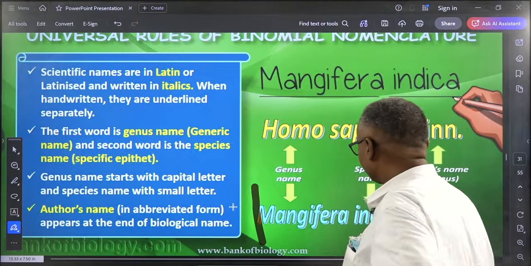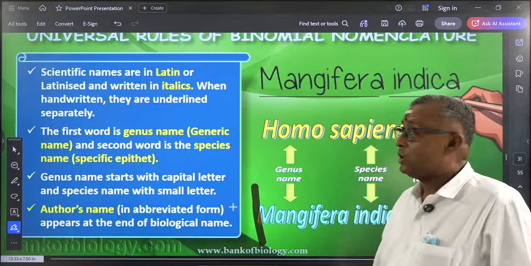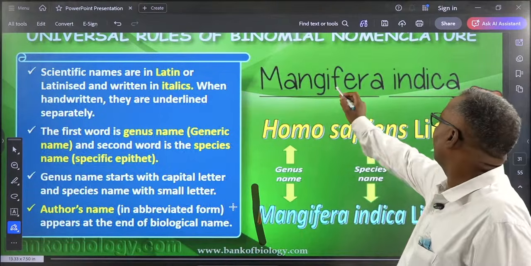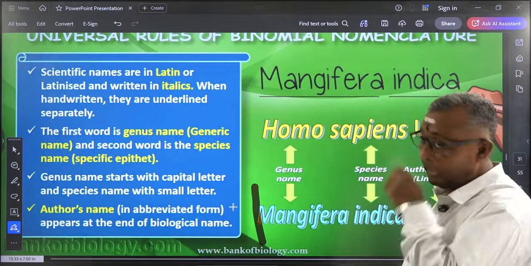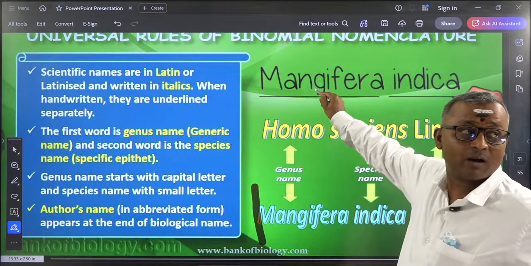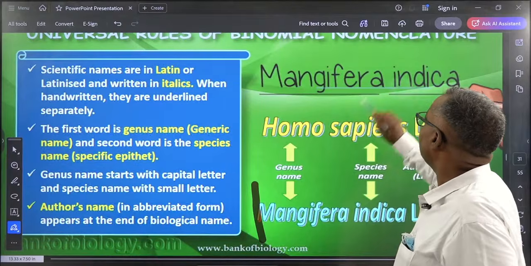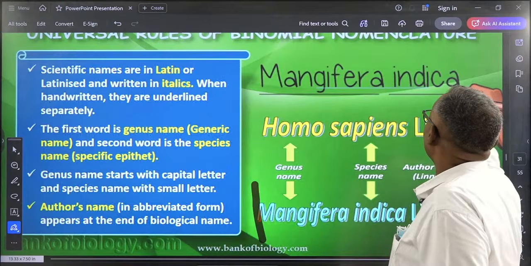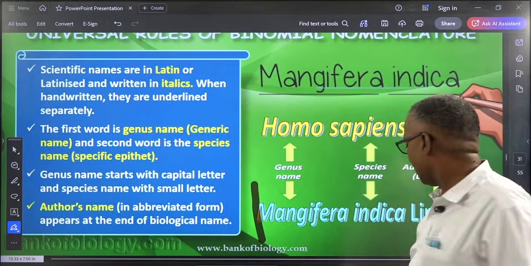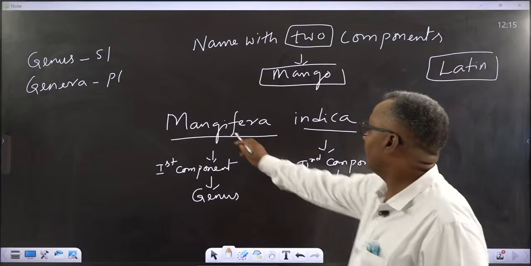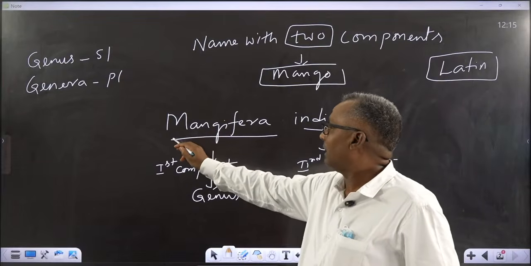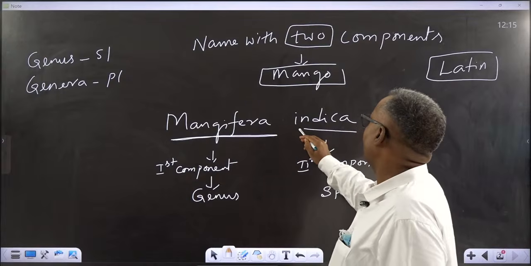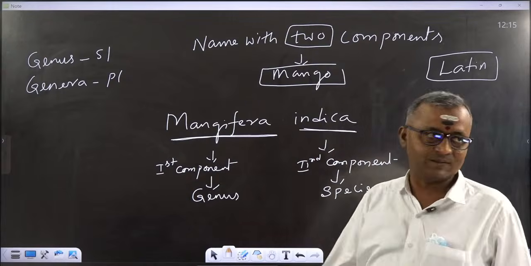And second thing, when you are writing with your hand, look at here, this is handwritten name, Mangifera indica. Can you see here? There is an underline. Here one underline is there and here another underline is there. I have given a separate underline for genus and separate underline for species.